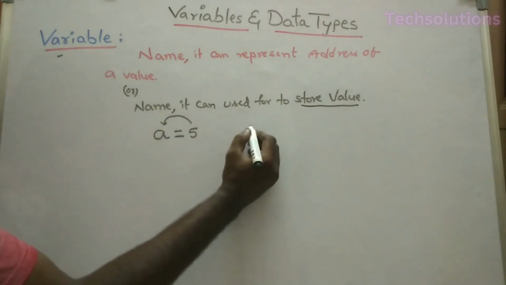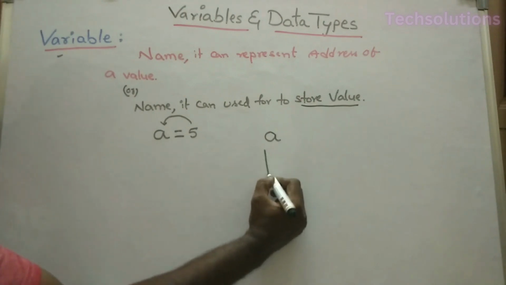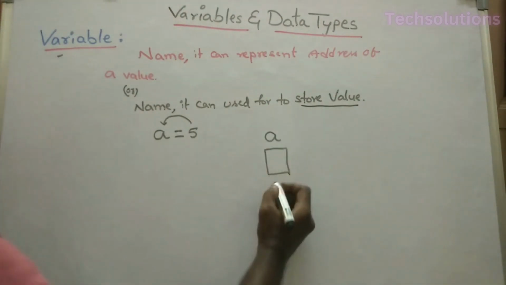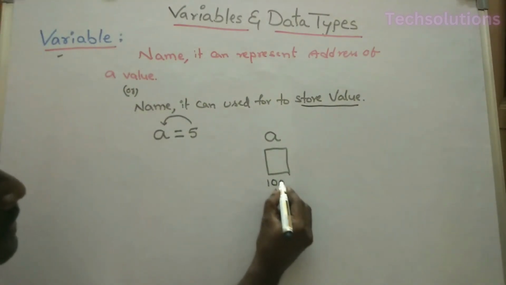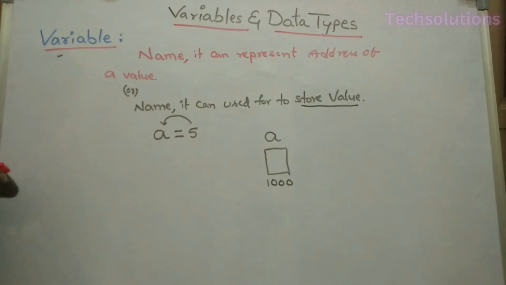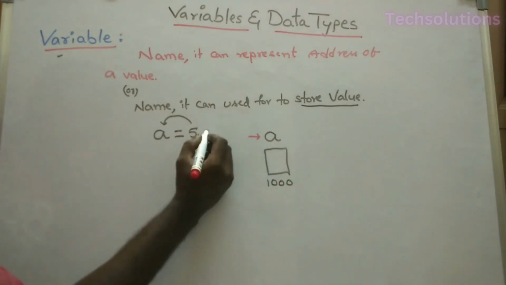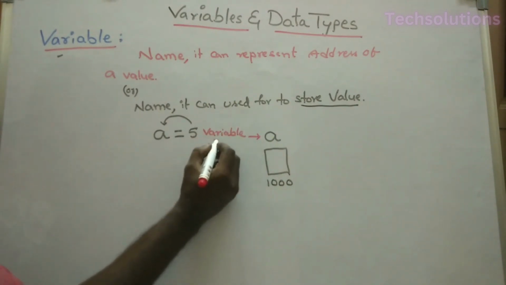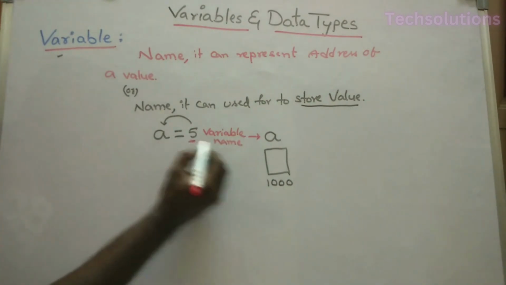Suppose the variable is a, and this is the value which we have to assign, and we have some address location, for example the address location is 1000. Now here a will be indicating the variable name. a is a variable name, right? Now what is the value of a? I have to assign 5 here.